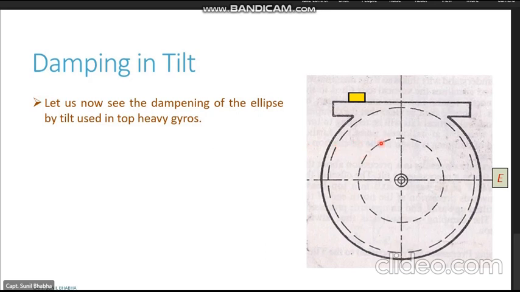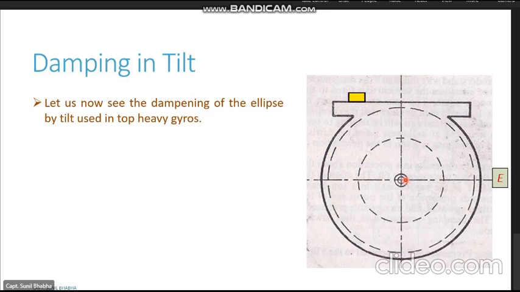Now in this diagram, the dotted lines which you are seeing basically represent the rotor. You are looking at the rotor and spin axis arrangement from the south end. This circle in the center of the diagram represents the spin axis. The spin axis is going into the screen and coming out of the screen towards you.